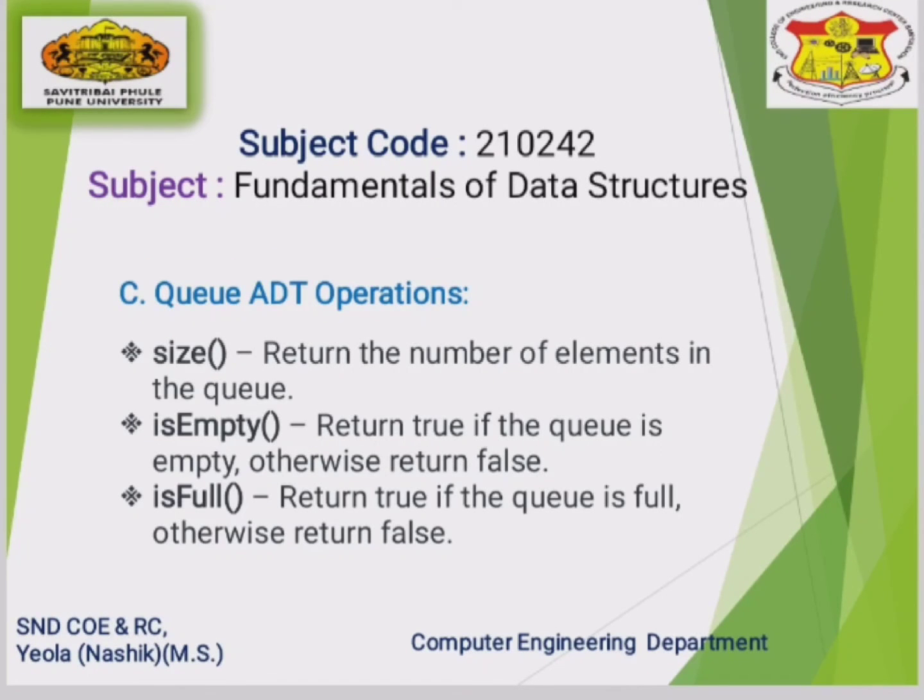Fourth, size. Return the number of elements in the queue. Fifth is empty. Return true if the queue is empty, otherwise return false. Sixth is full. Return true if the queue is full, otherwise return false.